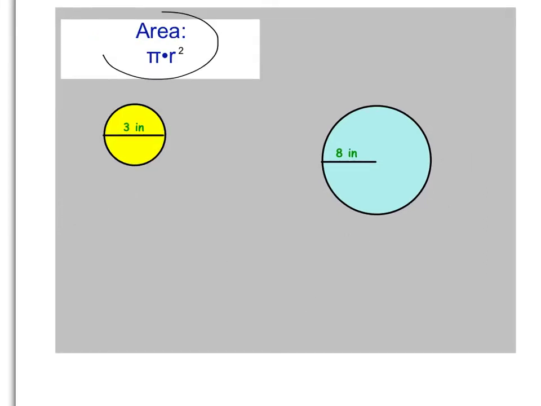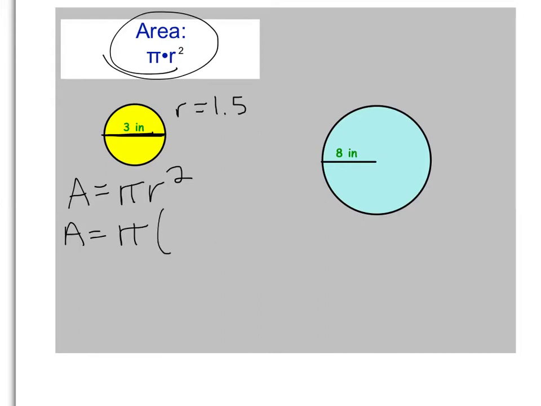Area, here's our formula for area, pi times radius squared. I'm always going to start with writing my formula, pi times radius squared. And when I look at this circle, this is my diameter. So if 3 is my diameter, I have to first calculate my radius is 1.5. So my area is pi times 1.5 squared.